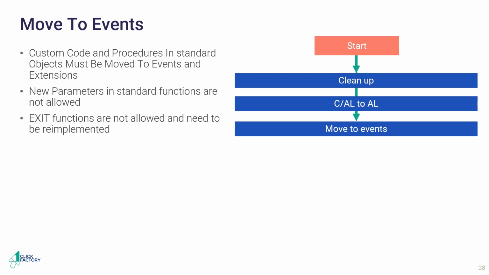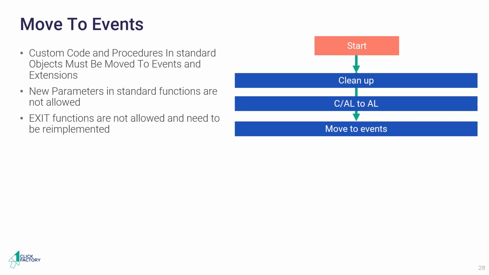Also, one of the most common issues is exit functions. Exit functions exit from a function when they are called. They are not easily re-implemented with events because they're not going to exit from the function, they're going to exit from the specific subscriber, and they're not going to do anything in the code.